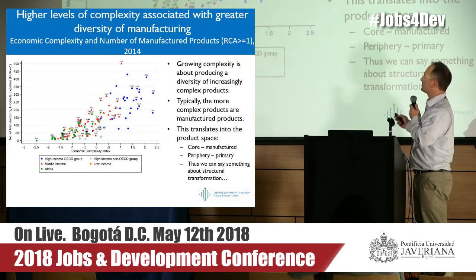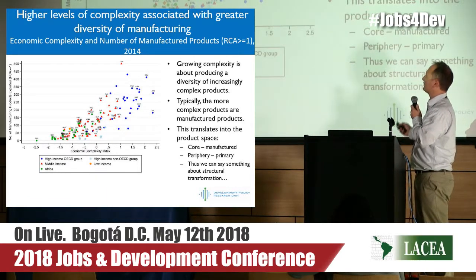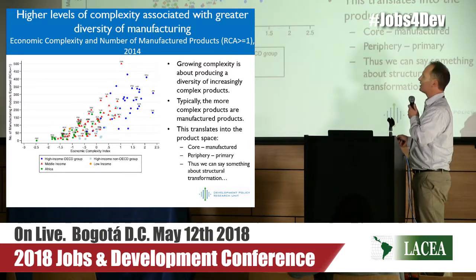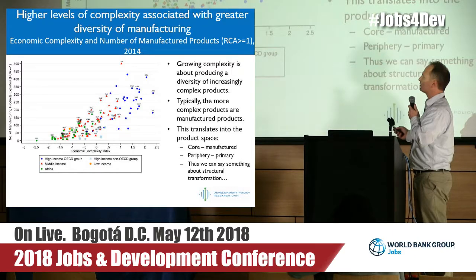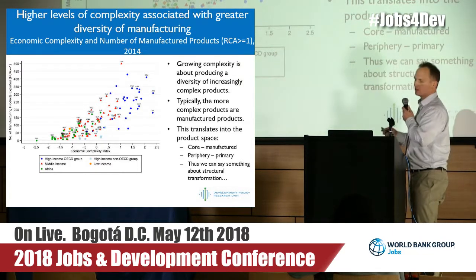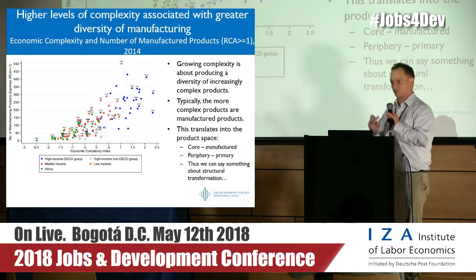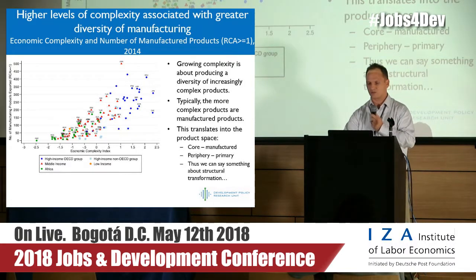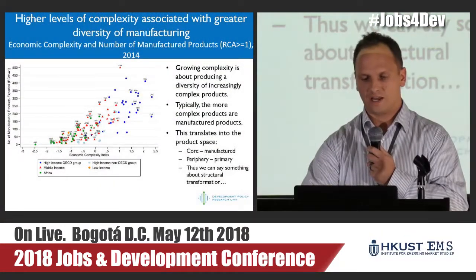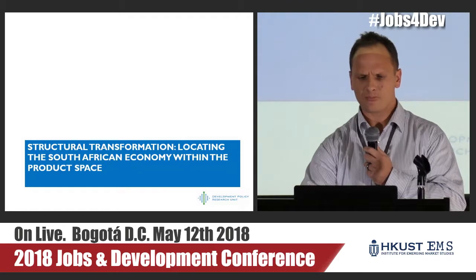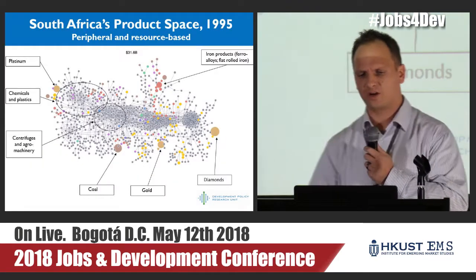You see there's a positive relationship here with a degree of heterogeneity. The main story is that countries with more diverse manufacturing sectors tend to be more complex economies. So growing manufacturing leads to higher levels of complexity.